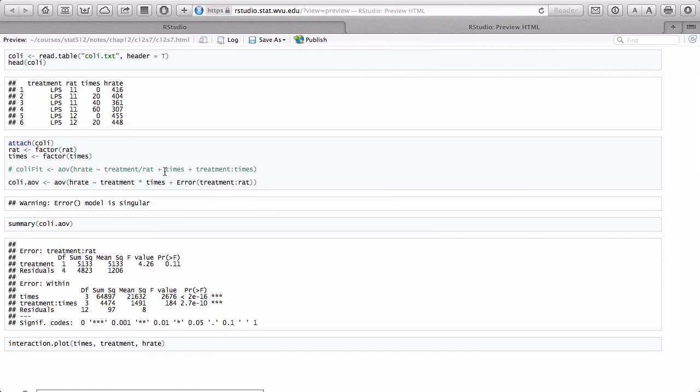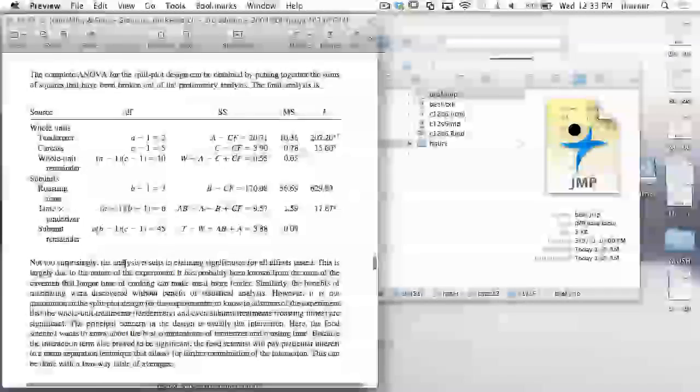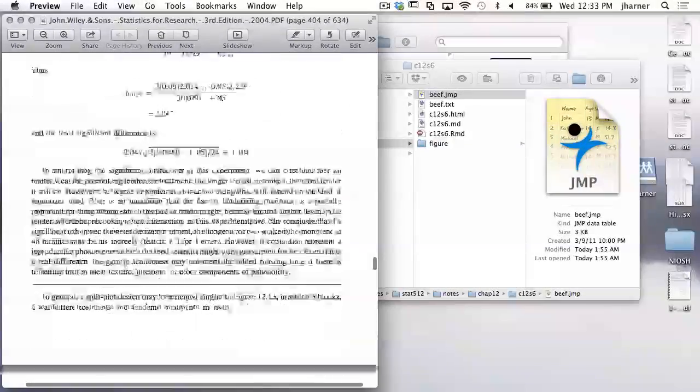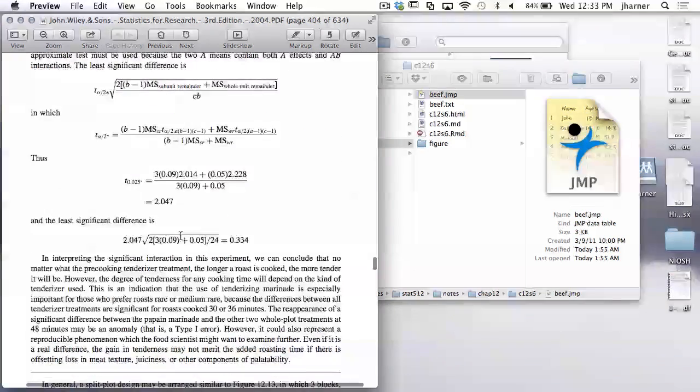This is truly hierarchical in the following sense. If you look at this example, by the way, in the book, this is where they're talking about comparing means, comparing the attendance means at the same time.